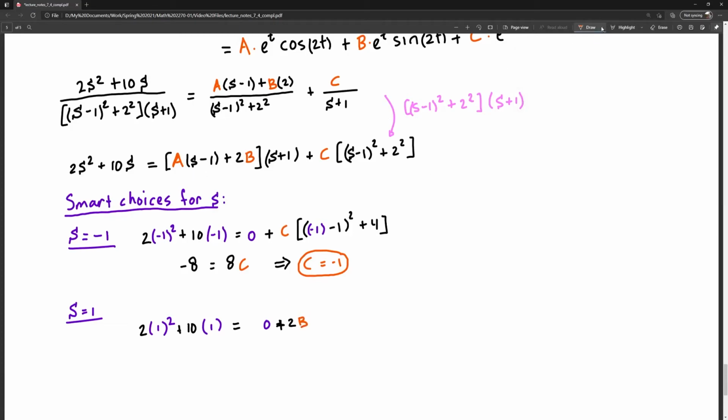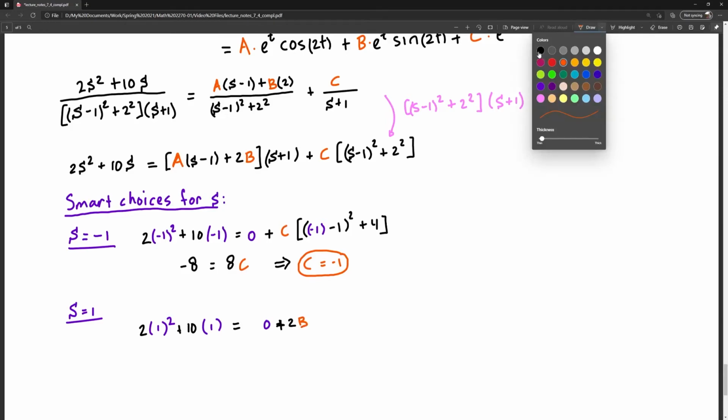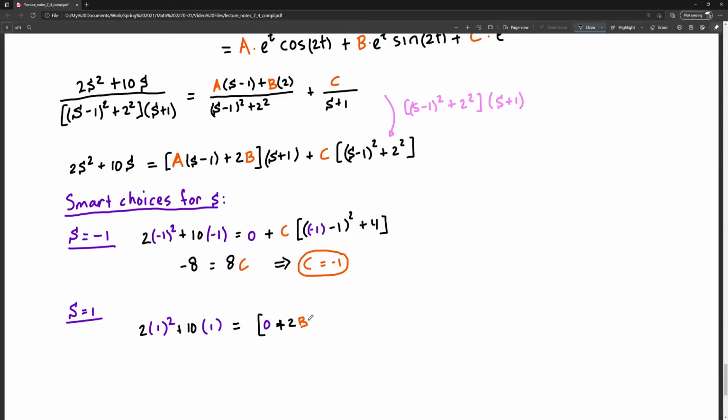That's this term here. And then times 1 plus 1.